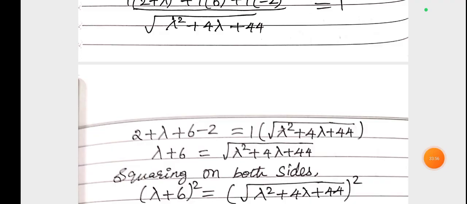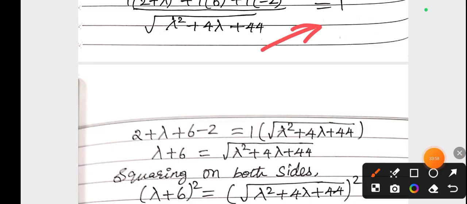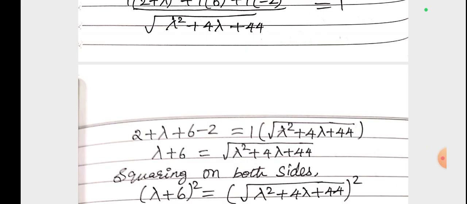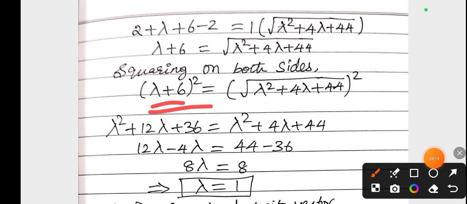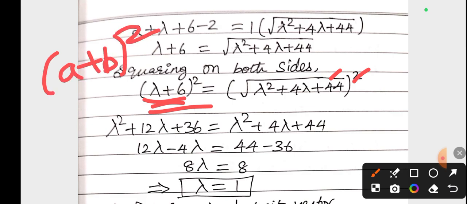The denominator, division goes outside, now multiplication: 1 into root over lambda square plus 4 lambda plus 44. Since plus 2 minus 2 gets cancelled, you get lambda plus 6 equals this. Then square both sides. Lambda plus 6 whole square, square and square root get cancelled. So we use the a plus b whole square formula: a square plus 2ab plus b square. So lambda square plus 12 lambda plus 36.